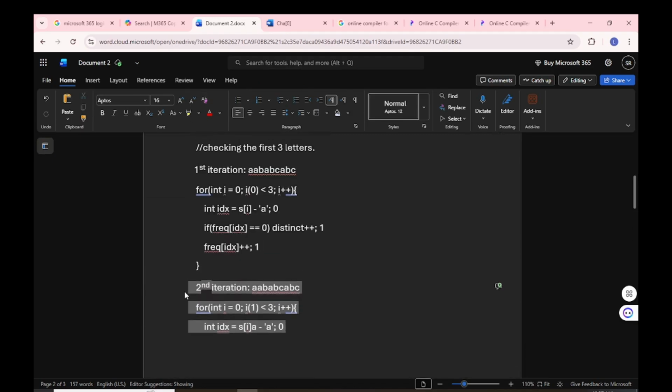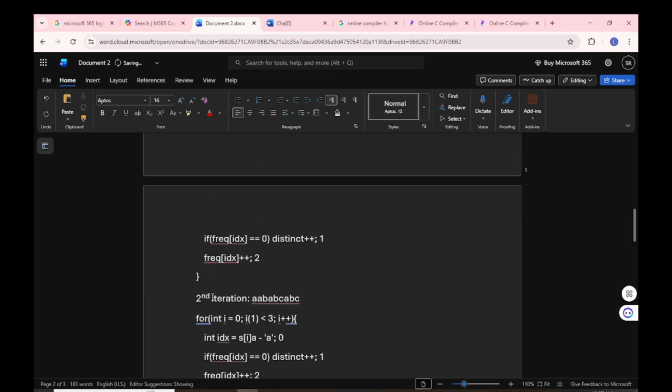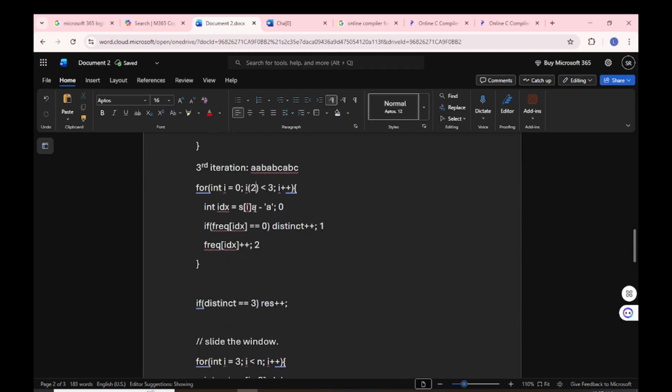Now the third iteration, 2, right? So 2 is less than 3. Here would be b minus a, 1. So in s 0, here in 1's position we have the 0.